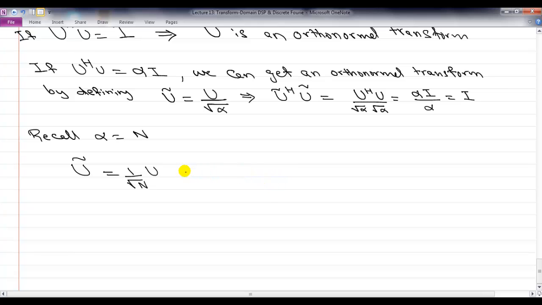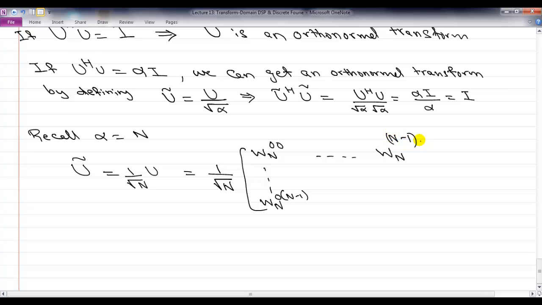In that case, your transform becomes 1 over square root of N times W_N^{0·0} up to W_N^{0·(N-1)}, W_N^{(N-1)·0}, W_N^{(N-1)·(N-1)}. In the literature, sometimes this is called the normalized DFT matrix.